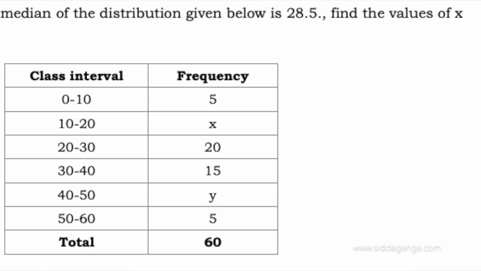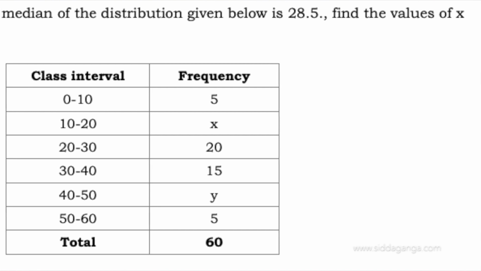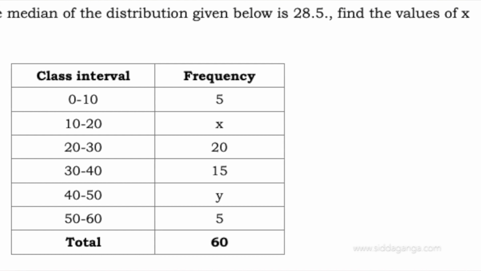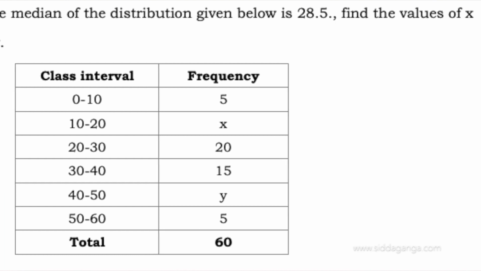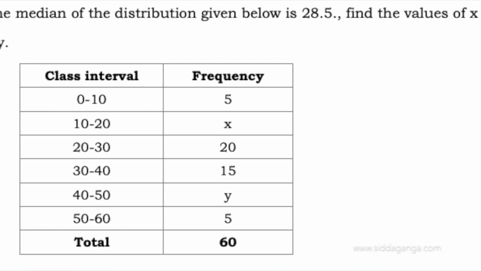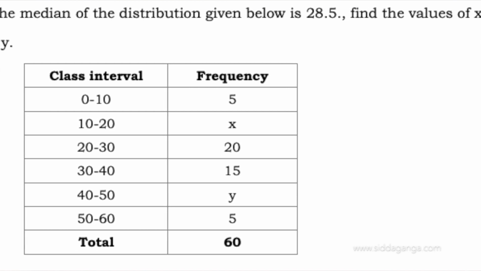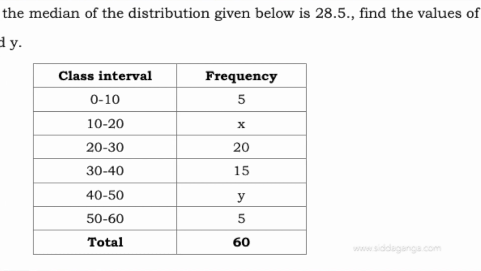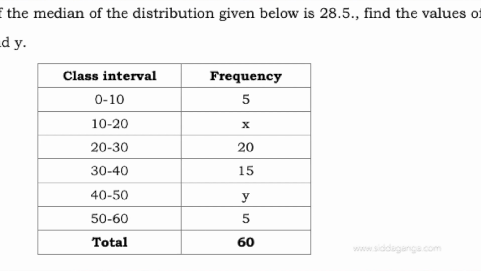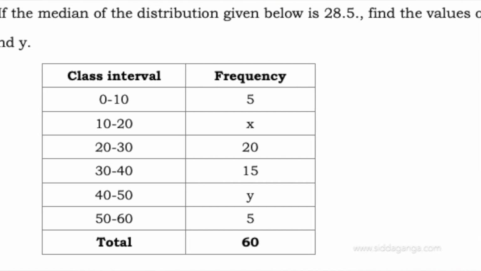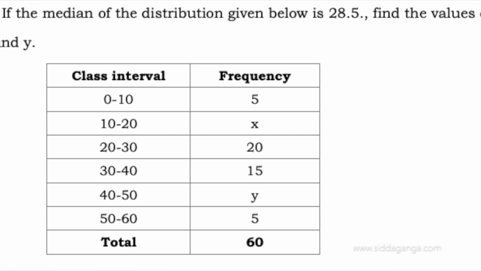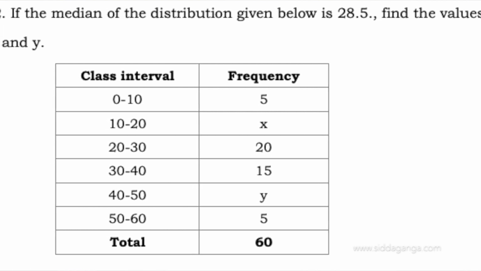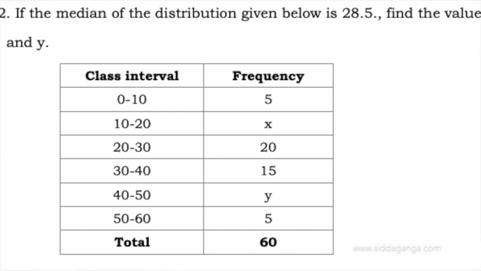So, class interval 0 to 10, 30 to 40, 40 to 50, 50 to 60, and frequency 5, unknown x, 20, 15, y, 5, total is given 60, this is n.